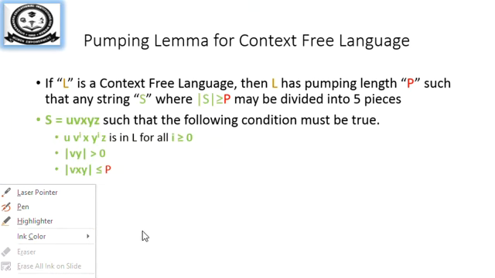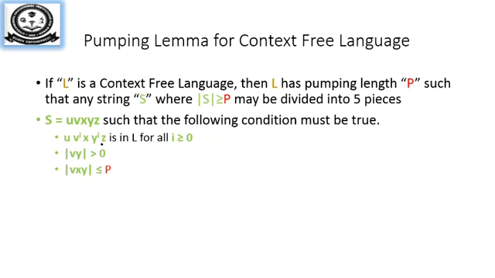So you divide into 5 parts and raise the value of i, and even then the string must belong to the language. The second condition is that the length of V and Y should be greater than 0, and the length of the parts V, X, Y should be less than or equal to the pumping length P.